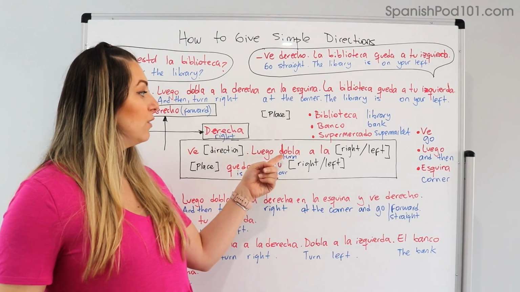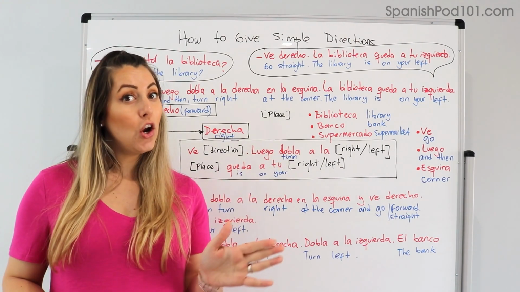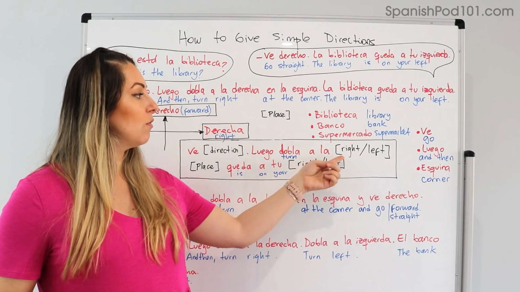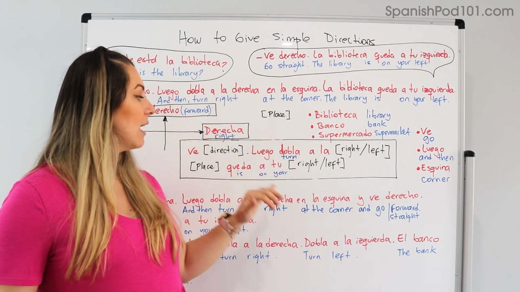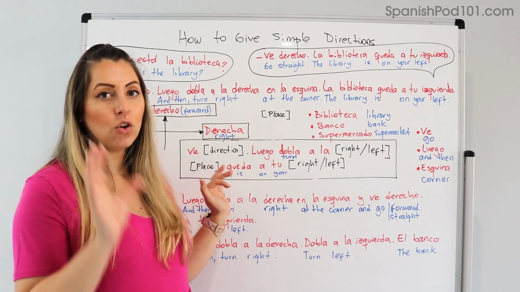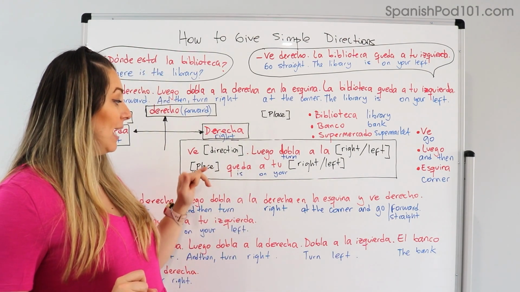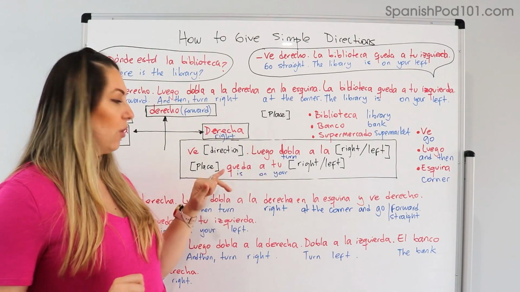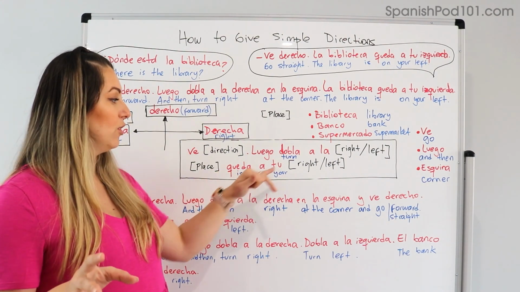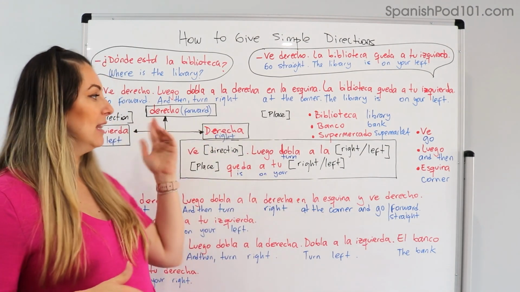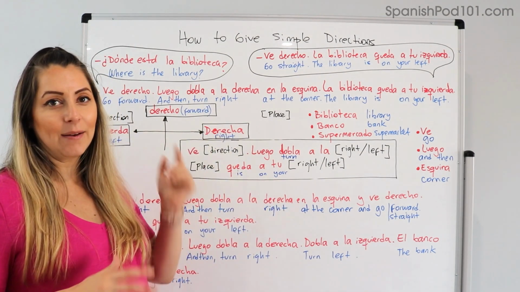Okay, so remember, dobla significa to turn, yes, dobla means turn in Spanish, so turn right or left, izquierda o derecha, and queda, to talk about the place where it is located, we're going to say the place queda a tu, so the place is on your, and then we're going to say right or left, derecha o izquierda.